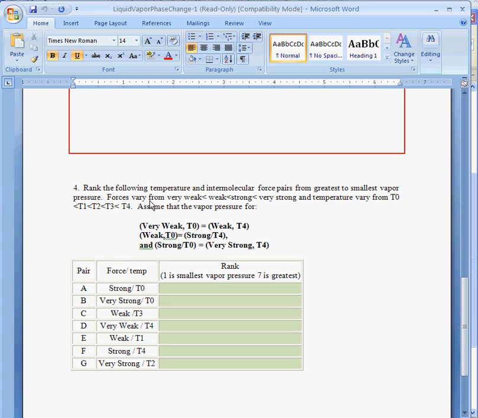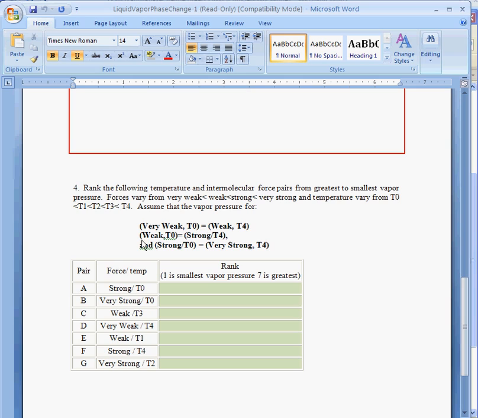Here we've got 4 different intermolecular forces, from very weak, weak, strong to very strong, and 4 different temperatures, T0, T1, T2, T3, and T4, with T4 being the hottest and T0 being the coldest.